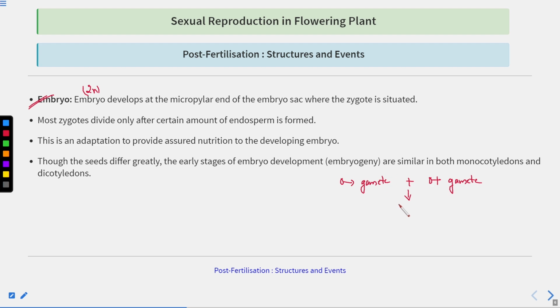Both of them are haploid, and this forms a diploid structure known as the zygote. You should remember that this zygote is a unicellular diploid structure. Then the zygote will further form the embryo. Clear? An embryo will later on form the new individual.